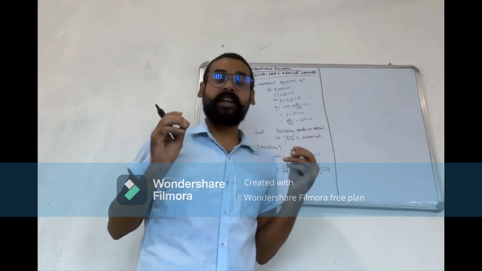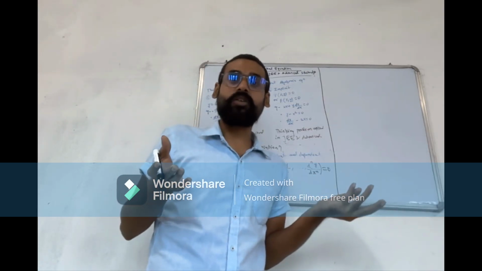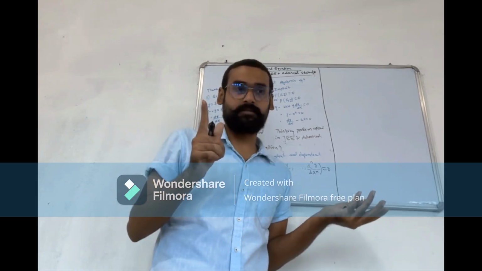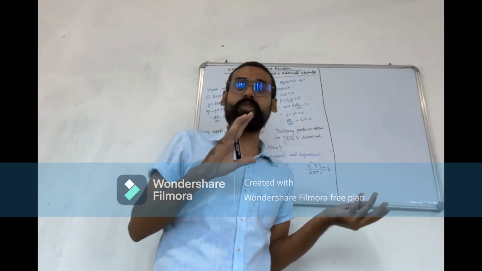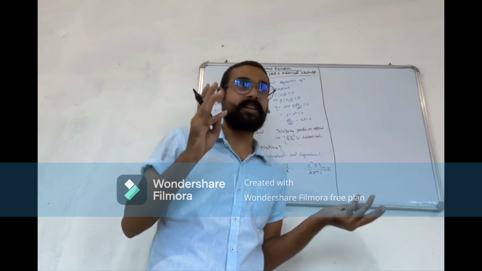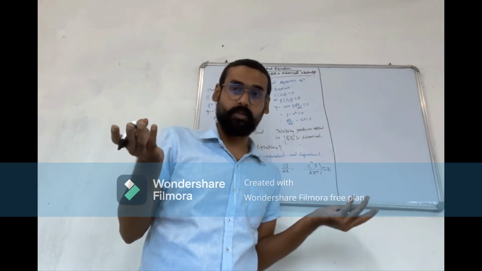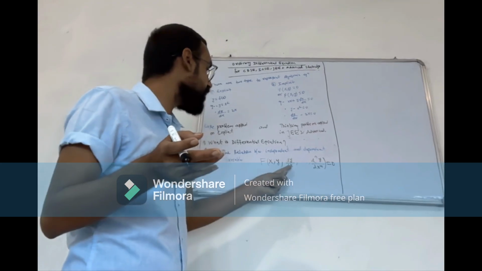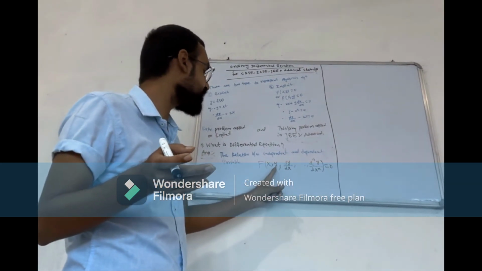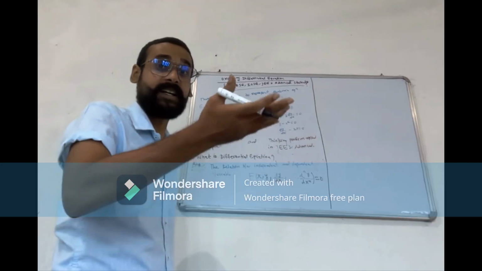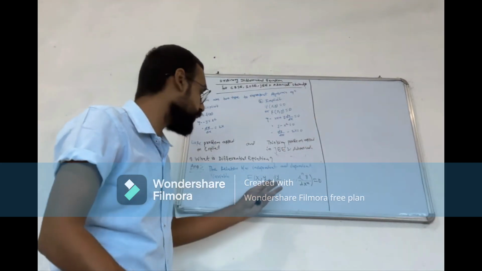And if the derivative is ordinary, ordinary means the dependent variable is only one. There is no partial differential equation with variables like y, z, p. There is one dependent variable present, that is y, and dy by dx is a differentiated form of y.